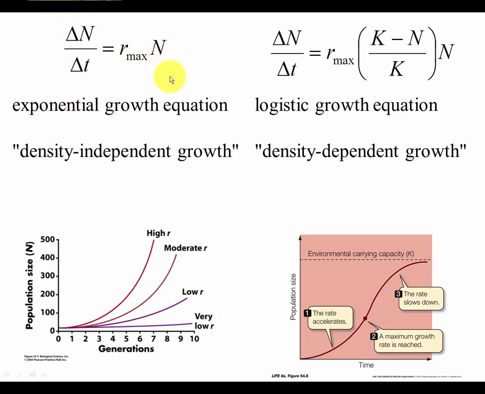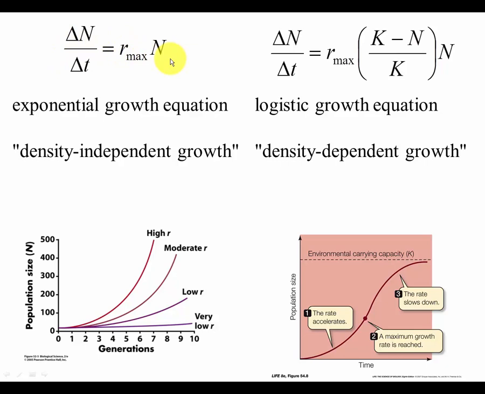This equation reflects density-independent growth because the rate at which each individual reproduces has nothing to do with the population size. So each individual is able to crank out the same number of babies over its lifespan, whether the population is very small or very large. And you can see that, by the way, if you take this equation and divide both sides by N, you get delta N over N delta t is just a constant.